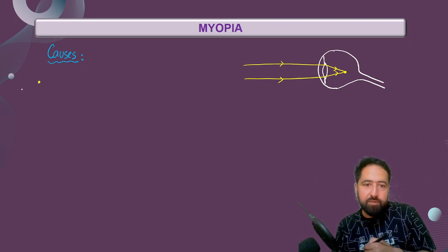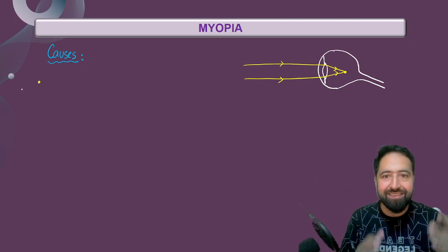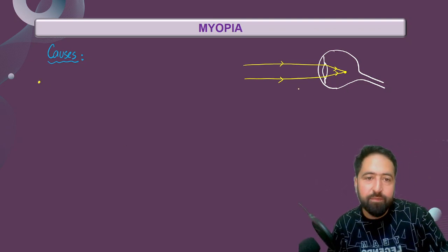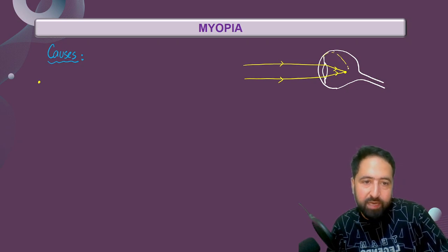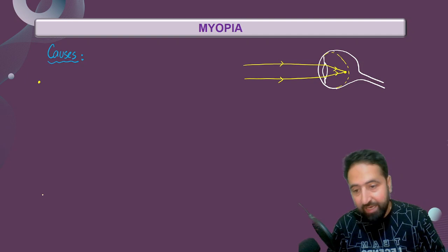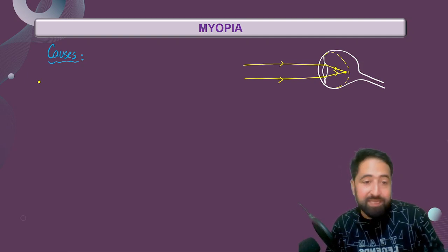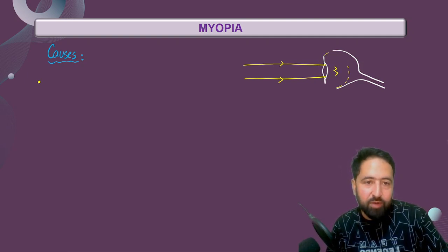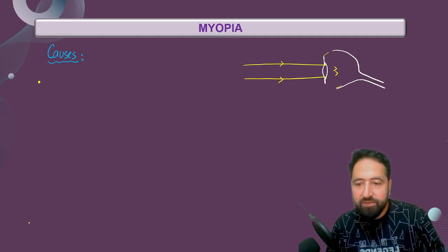Cause number one, the size of the eyeball has increased. Okay, let's suppose अगर पहले size था eyeball का इतना, okay, तो image was formed on the retina, so कोई problem नहीं थी। लेकिन अब अगर size जो है इसका बढ़ गया, the size of the eyeball has increased.